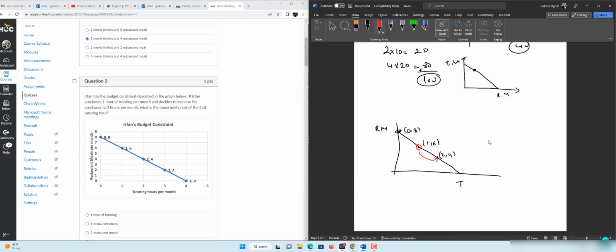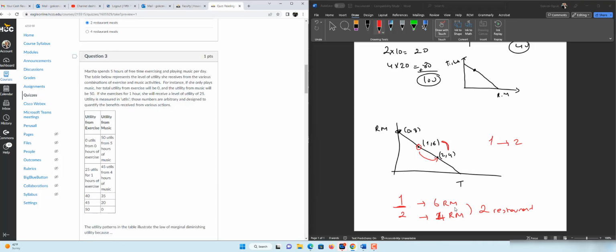If he does that from 1 to 2, he's giving up 2 restaurant meals because at 1 we have 6 restaurant meals. At 2 hours of tutoring he could spend 4 restaurant meals. So the opportunity cost is what you give up. In this case, he gives up 2 restaurant meals. Therefore, the opportunity cost is 2 restaurant meals.